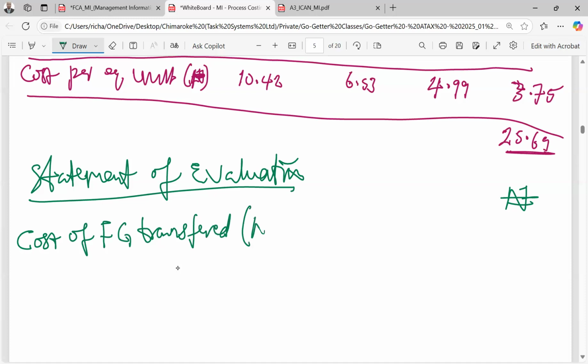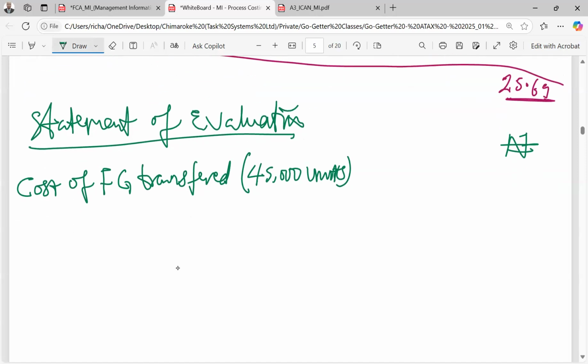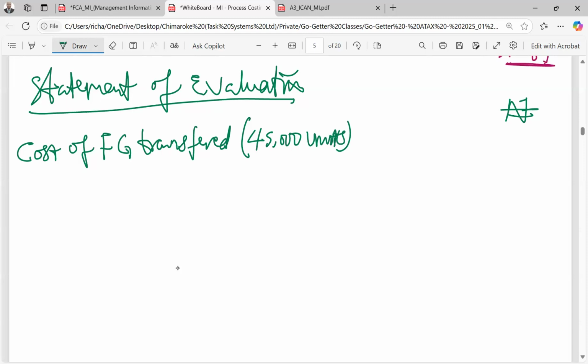Remember, we were asked to look for the value of the 45,000 units that were transferred. So we can break it down using the several elements of cost: input material, material introduced, then labor and overhead.